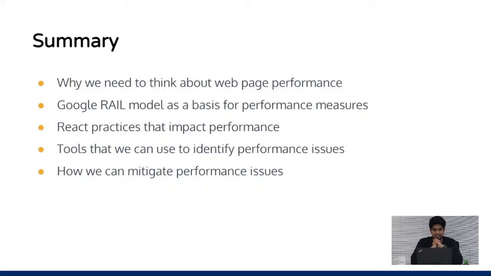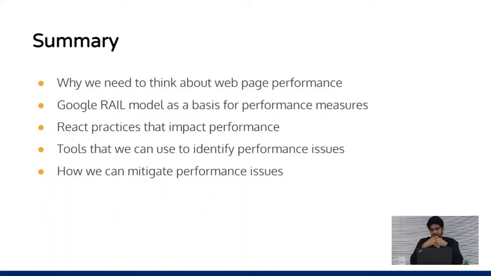So in summary, we looked at why we need to think about web performance and the what aspect as well. Then we looked at the Google RAIL model, which is a performance measuring model that we can use as a guideline.